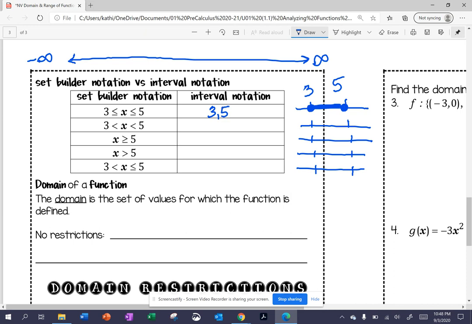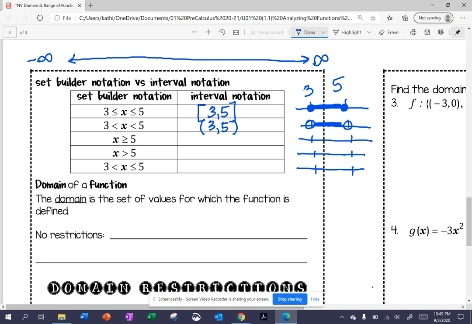I'm ending at 5. And to show that I'm including 3 and 5, I use a bracket. When I'm not including 3 and 5, I use open circles on the number line. And I use parentheses to say I'm not including 3 or 5.